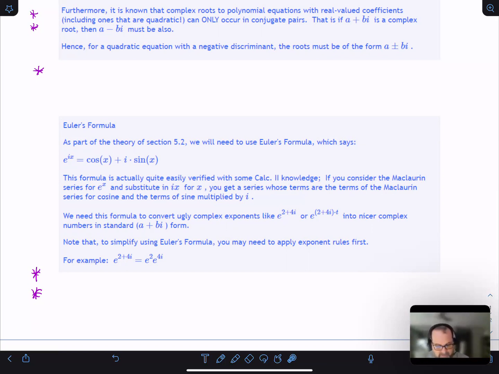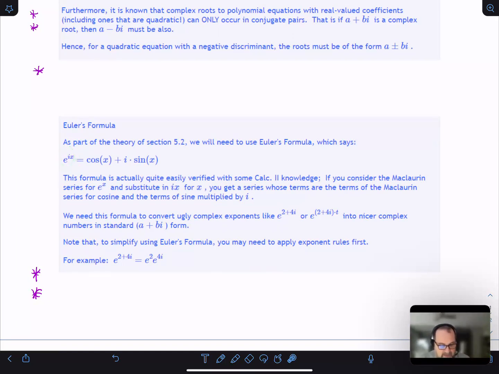So as part of the explanation, we will need Euler's formula, which says this. That is e to the power of ix is cosine x plus i sine x. What this is very useful for is this is a pretty awkward situation, having a complex exponent, not fun, not nice mathematically.